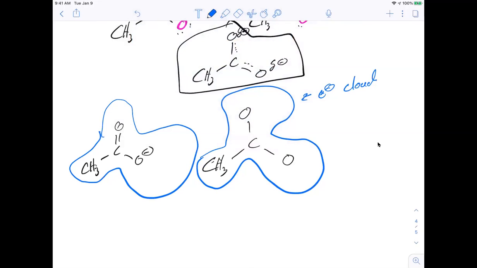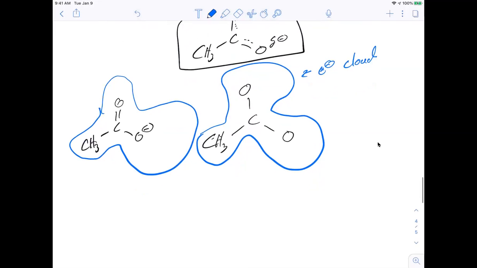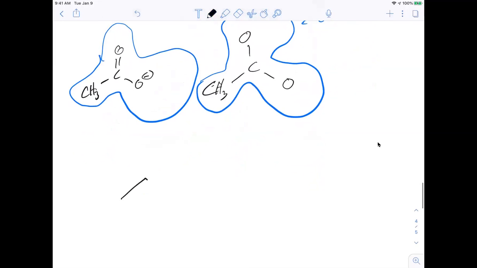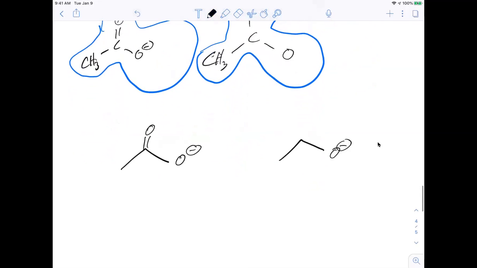Which oxygen is more stable? Well, they're about the same, right? But if we compared that, which of those two oxygens is the most stable?